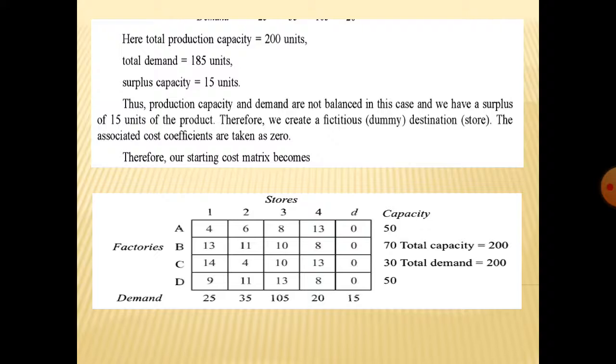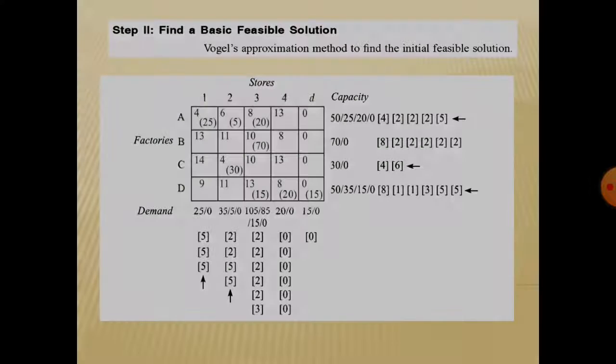Now the factories and stores, 1 2 3 4 5 and 1 2 3 4 A B C D. The fifth is a dummy row we are going to add. Then capacity should be equal to demand, so we make capacity equal to demand.